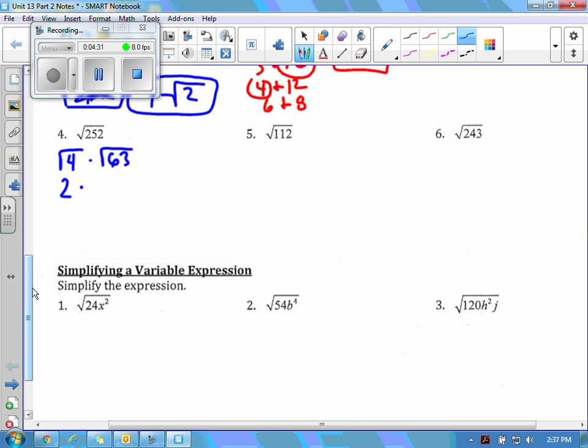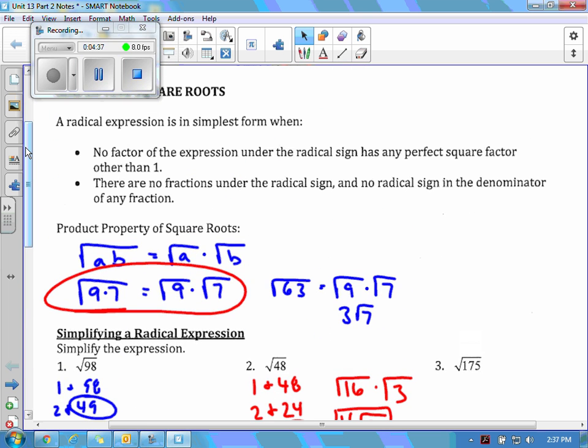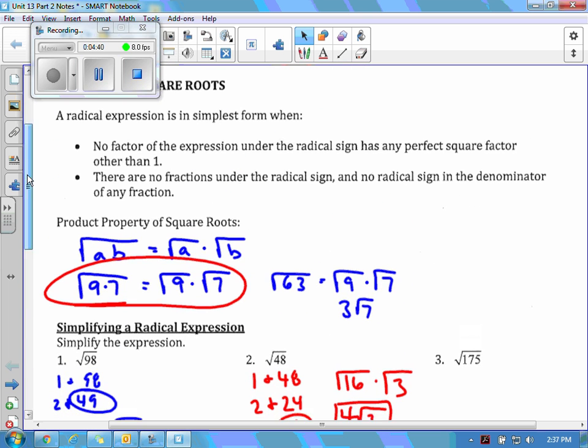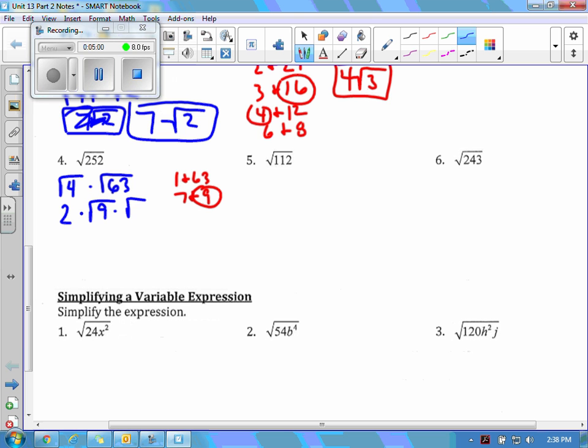But if I look at 63, I need to decide, because if you go back up to our rules, no factor can have a perfect square other than 1. If I think of 63, I know that I have 1 and 63 as factors. I have 7 and 9 as factors. Okay, so looking at that, I can see that 9 is a perfect square. So that means 63 would have to be split into the square root of 9 times the square root of 7.